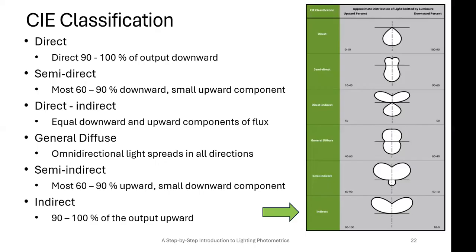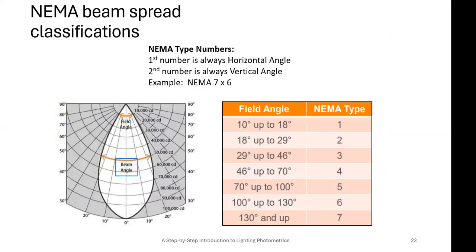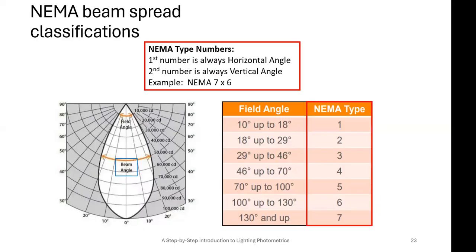Okay. Now, let's move to the second category that we want to talk about, and that's your NEMA beam spread classifications. Typically, you'll deal with NEMA beams when you talk about floodlights. The first thing we want to talk about is that the first number is always the horizontal angle, so how wide or narrow is that angle?